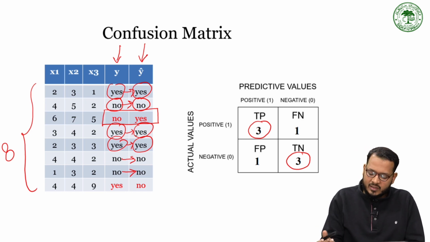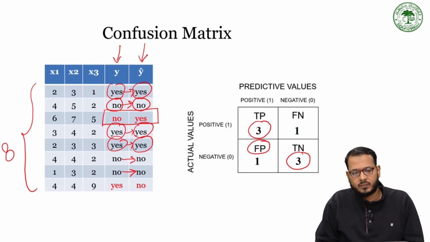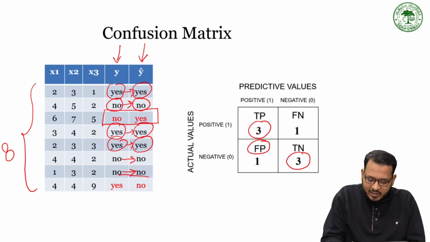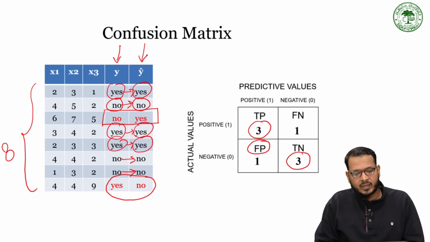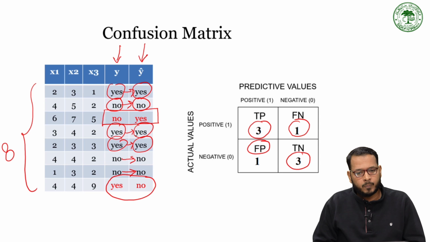So this is an instance of FP, falsely predicted positive. It was actually negative. And we have one instance of FN also, false negative, where the actual value was yes, but the algorithm falsely predicted it as negative.